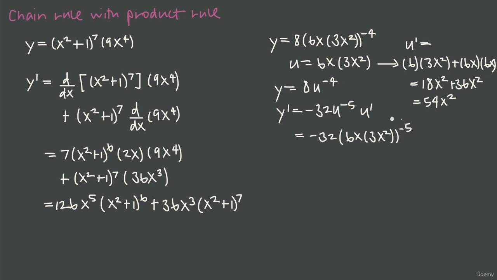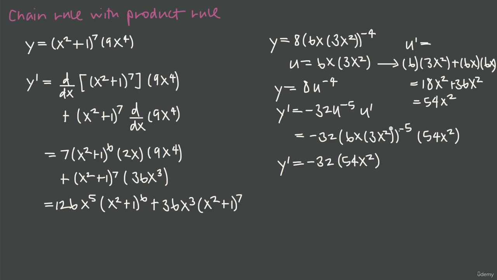So that's u prime. We want to plug that in here for u prime, so we multiply by 54x squared. And now all we have to do is simplify our derivative expression. So the derivative y prime will be equal to -32 multiplied by 54x squared.